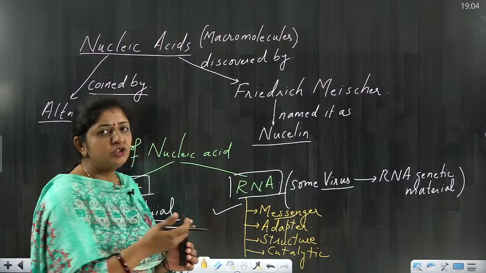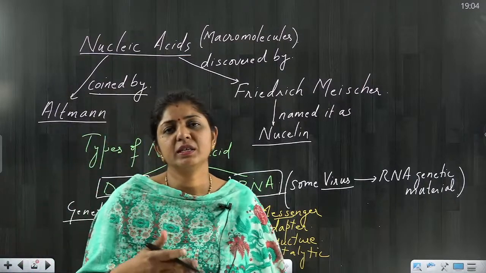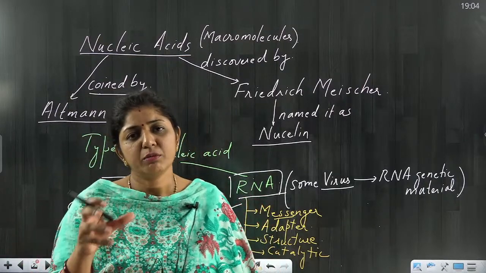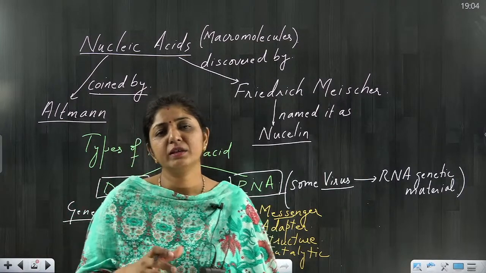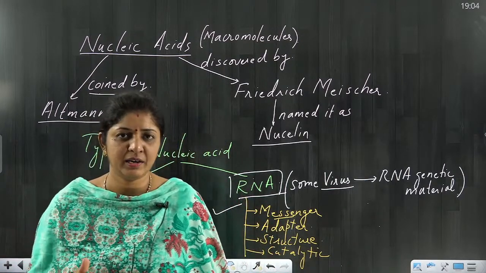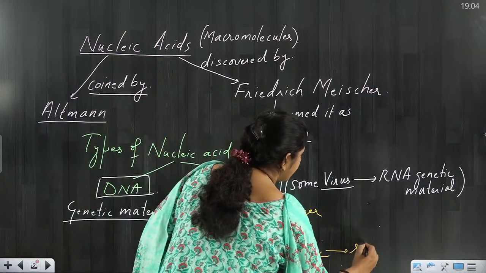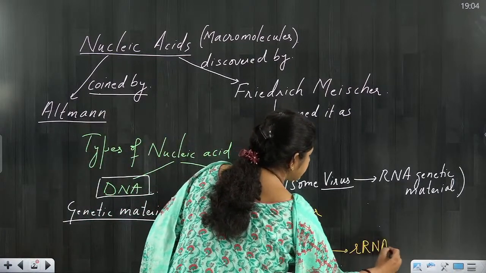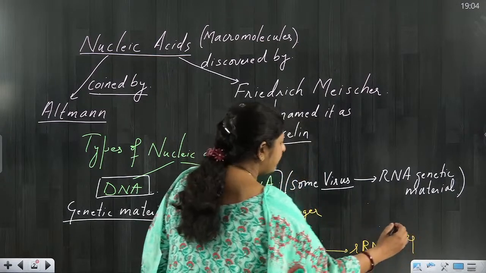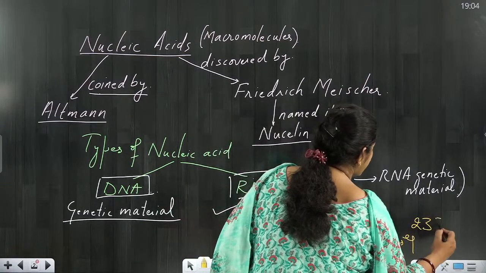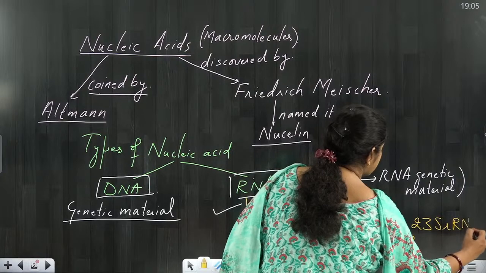As a structure, you know that it helps in the production of ribosomes. Ribosomes are the protein factories of the cell. And the catalytic role is again by rRNA, not all types. For example, 23S ribosomal RNA.